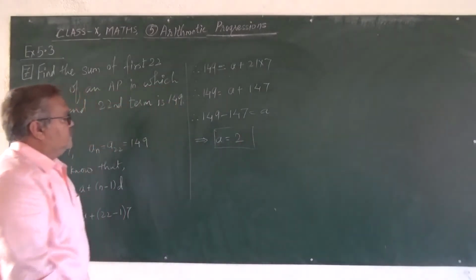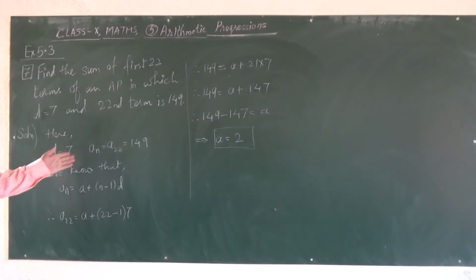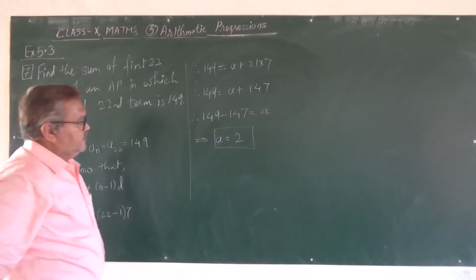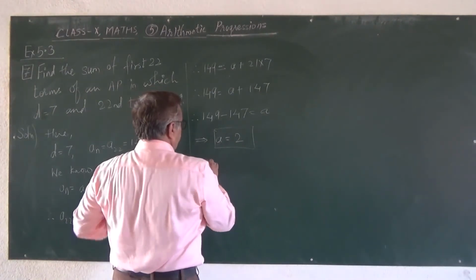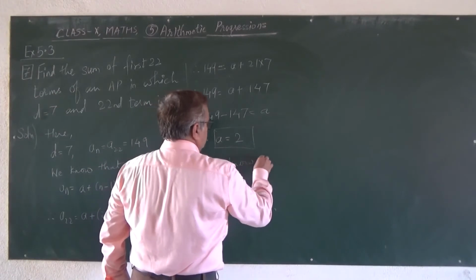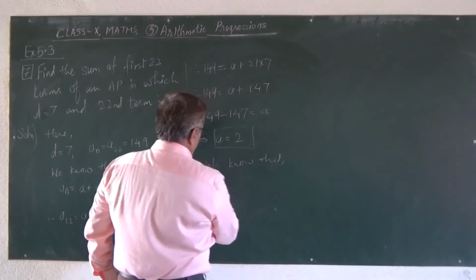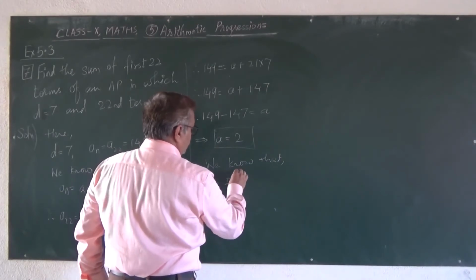Now you know the first term, you know D, you can find the sum of the first 22 terms. Let us see. Now you know the first term and the last term, so we will use here the formula. You know the first term, you know the total number of terms.